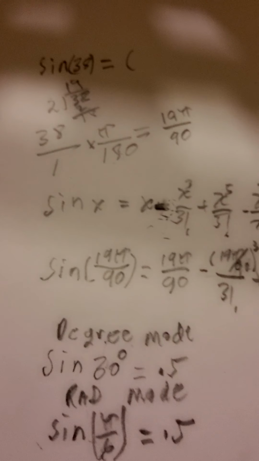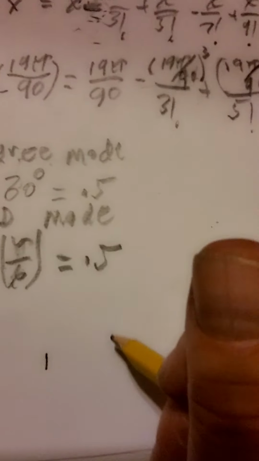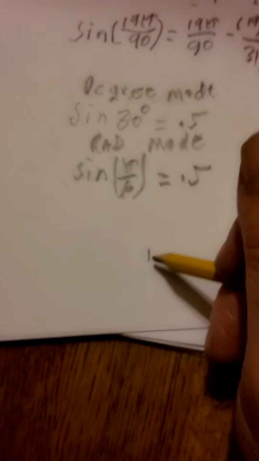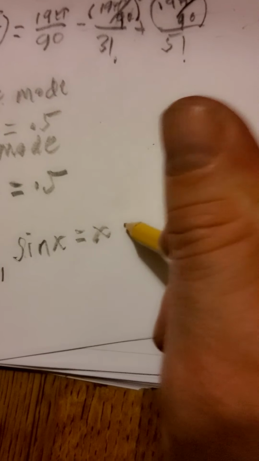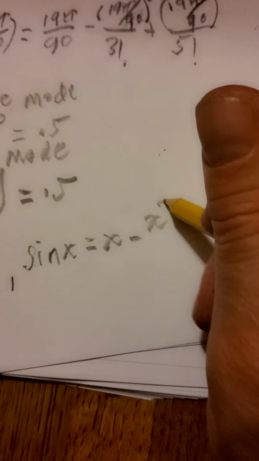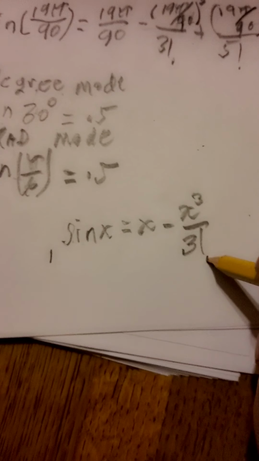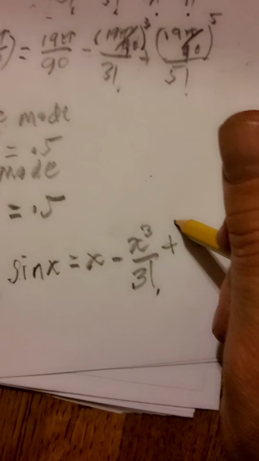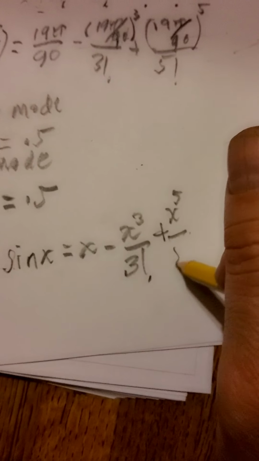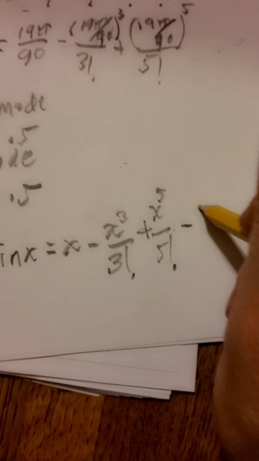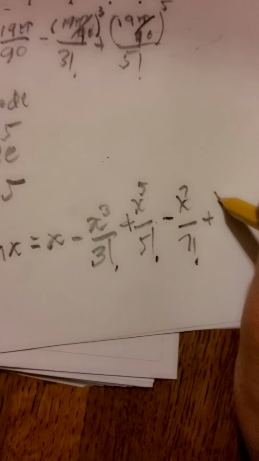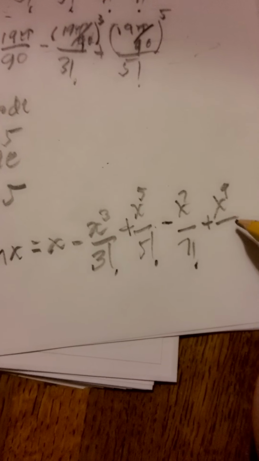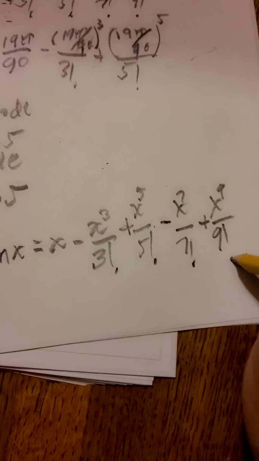That is called the Taylor series. So once again, you have sine x equals x minus x to the third power over 3 factorial plus x to the 5th power over 5 factorial minus x to the 7th power over 7 factorial plus x to the 9th over 9 factorial.